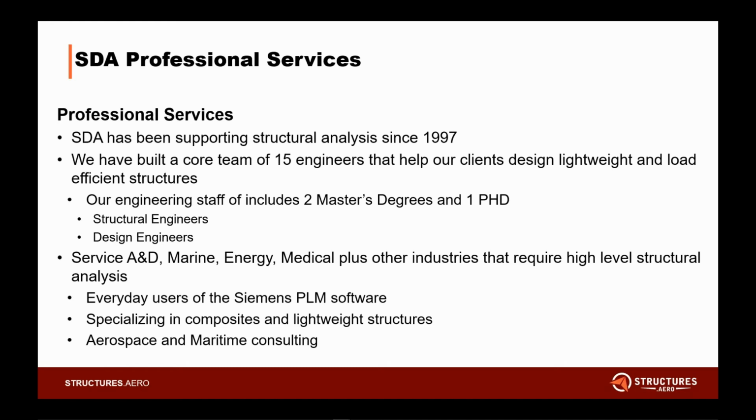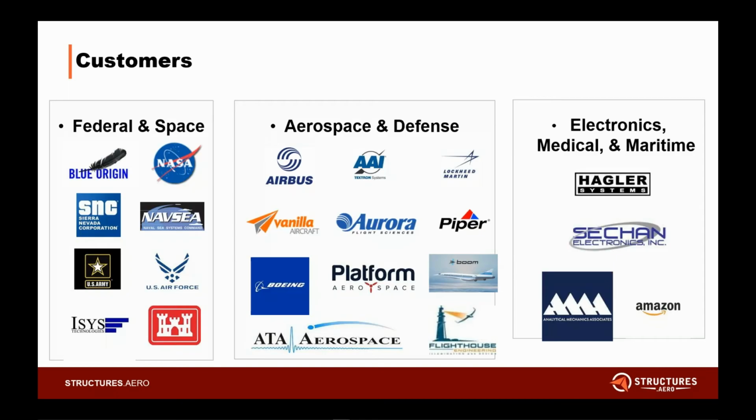Another note about our company is that we really specialize in composites. That's the bulk of the work we do here. And Femap is really the software that enables us to do that. In terms of some of our customers, we work with a wide variety of industries, from the federal and space side to aerospace and defense, and then also electronics, medical, and marine.